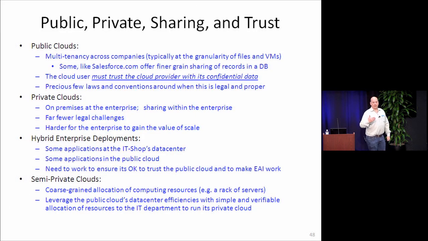So if you go back and look at public-private sharing and trust, in the public clouds I'm giving multi-tenancy across companies. Typically the granularity is files and VMs, but if you go to salesforce.com, they have finer granularity. They share records in a database. Multiple companies are working on the same Oracle backend database, and they're getting in and out and working on the same stuff. And so the cloud user has to trust the cloud provider with their data.